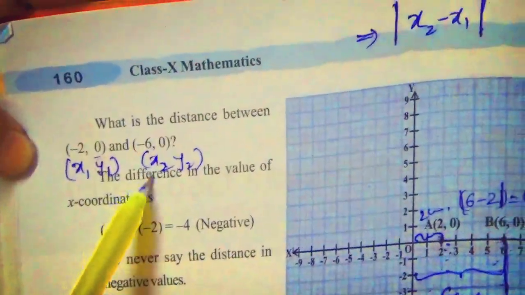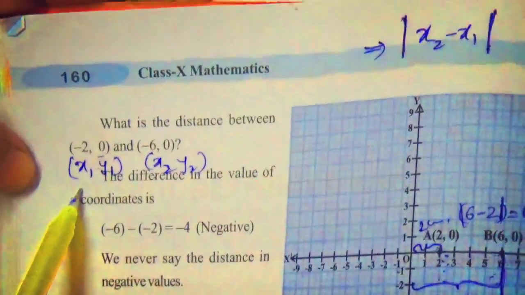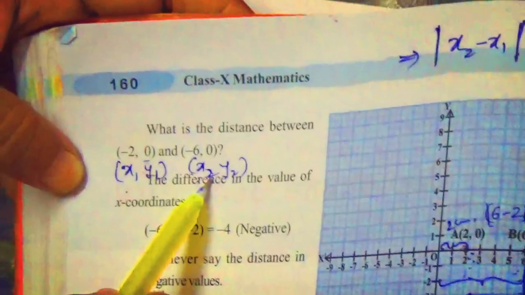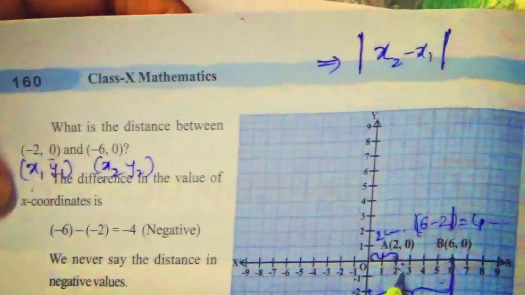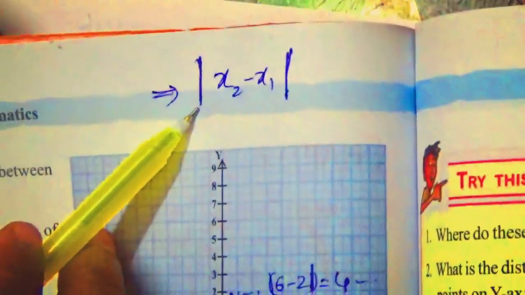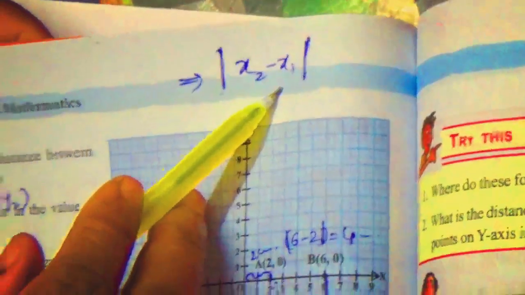So only we have x2 and x1. When I subtract x1 from x2, then I get the actual distance between the 2 points. Hence the formula becomes modulus of x2 minus x1.